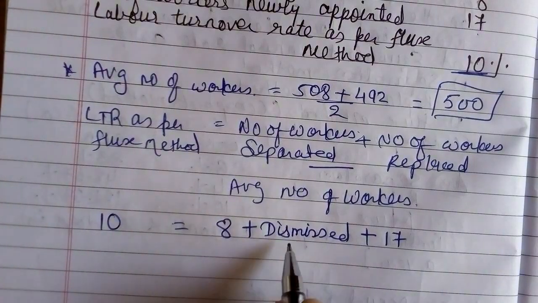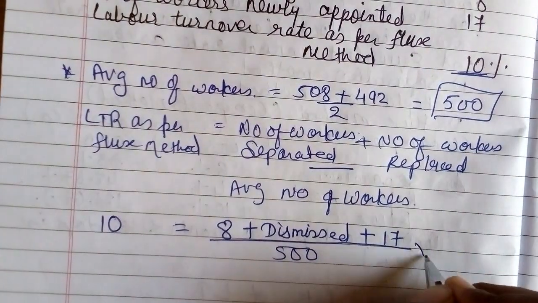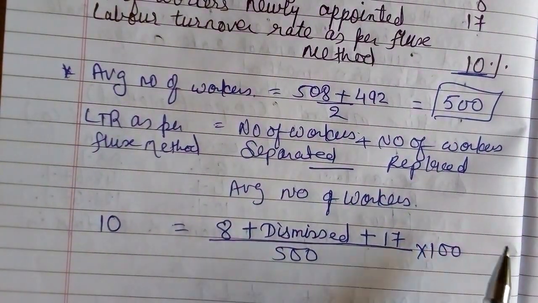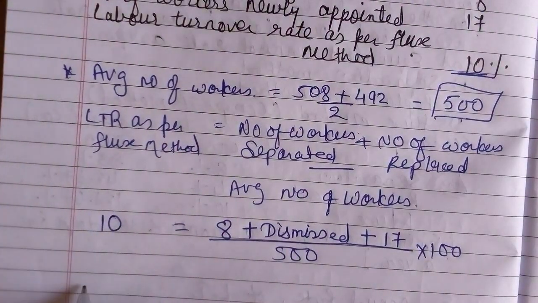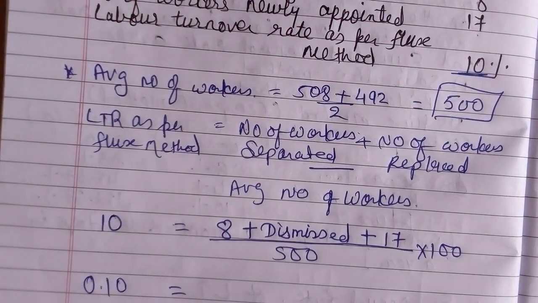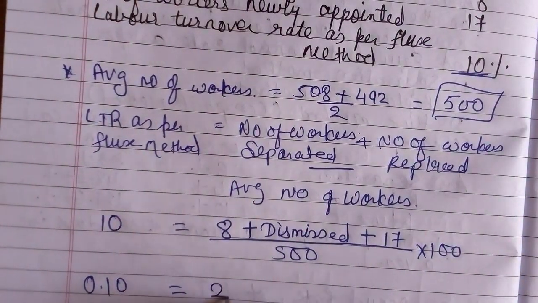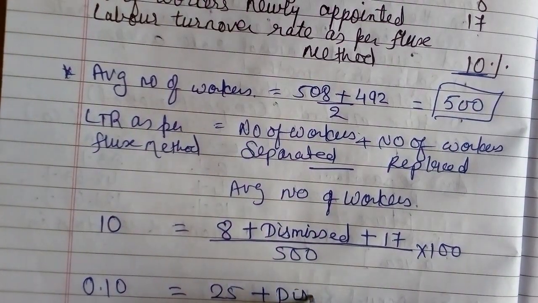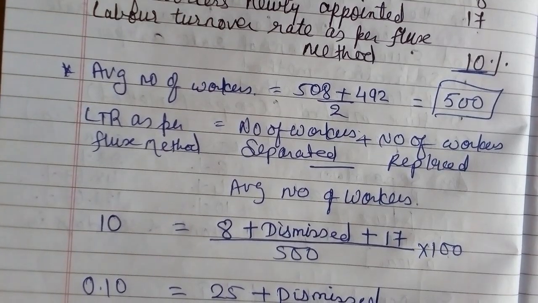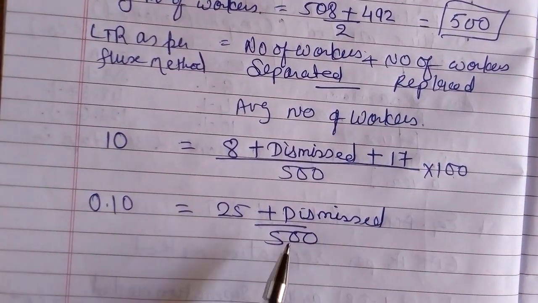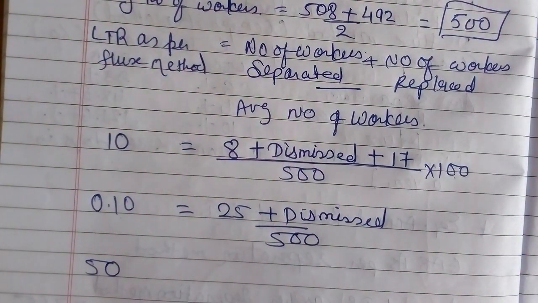So dismissed is as it is, divided by average number of workers, 500 into 100. This 100 will come here at the denominator, so this will become 0.10, right? So 17 plus 8, 25 plus dismissed divided by 500, right? Now this 500 will be multiplied here, so this will become 50.